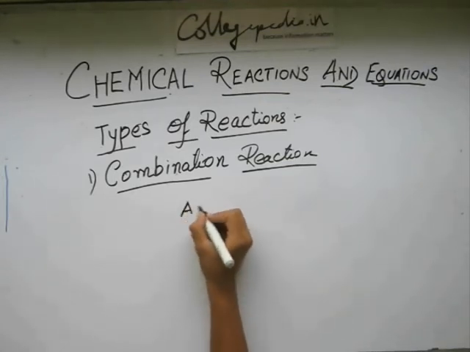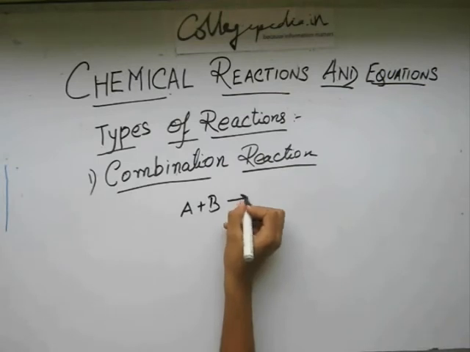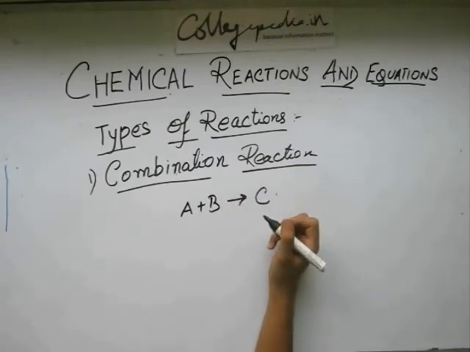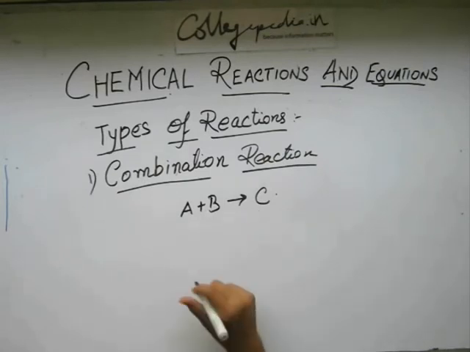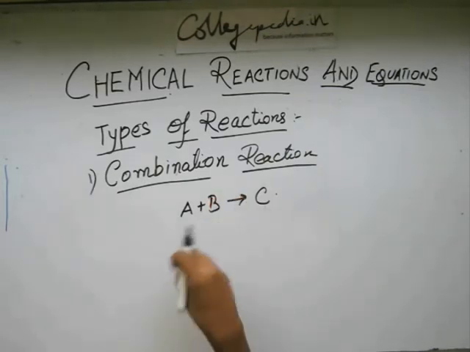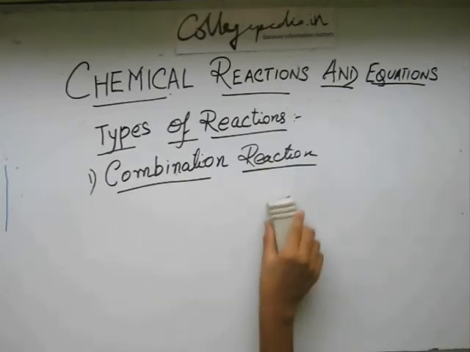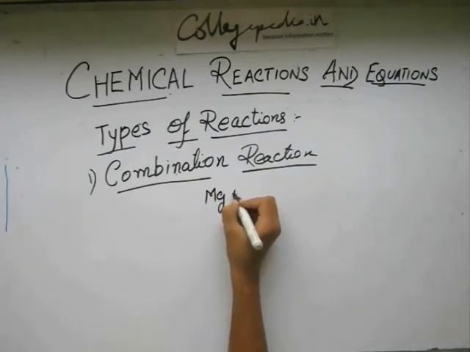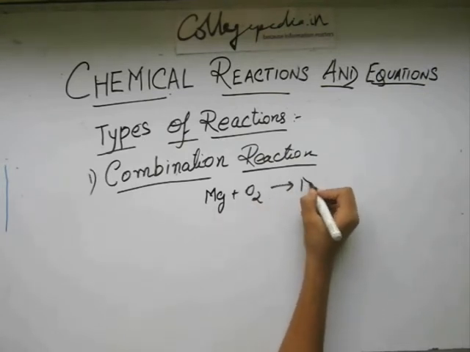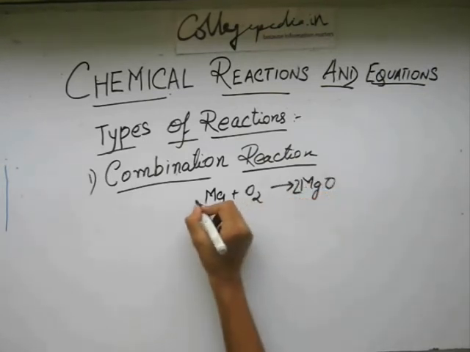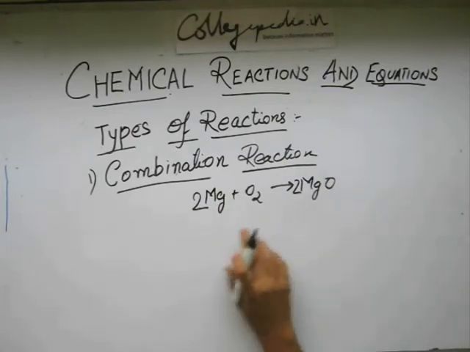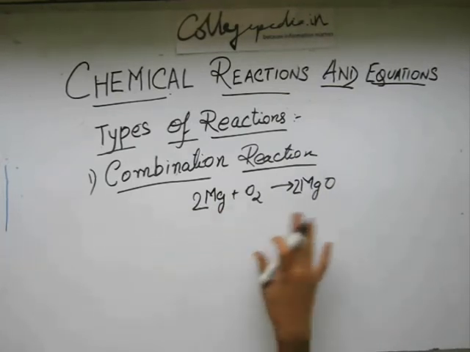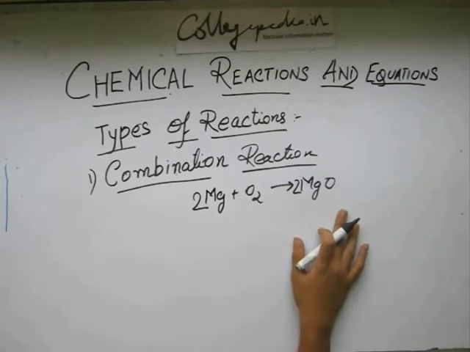It's just A combines with B to give C. And C will be something, a combination of A and B. So if you would have noticed that our magnesium reaction, Mg plus O2 gives MgO, balanced. In this, magnesium and oxygen were combining and they were giving magnesium oxide. So this is your combination reaction.